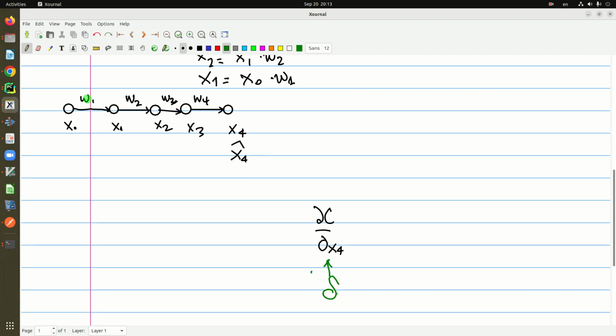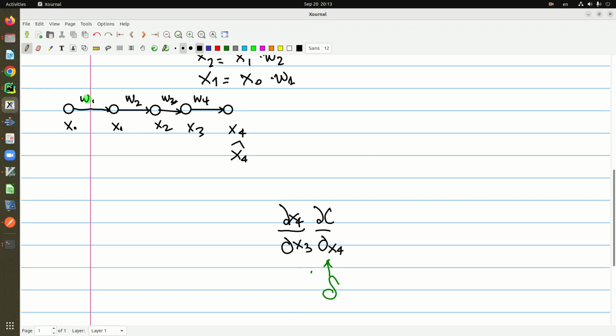Let's see why. Let's multiply this by the partial derivative of x4 over x3.